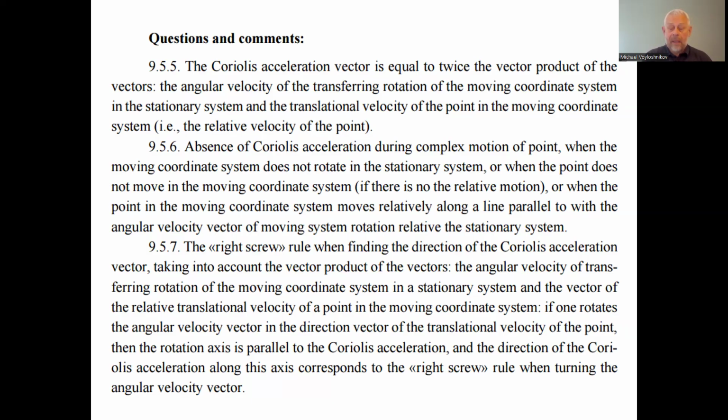So these are the cases of equality to 0 of the Coriolis acceleration.